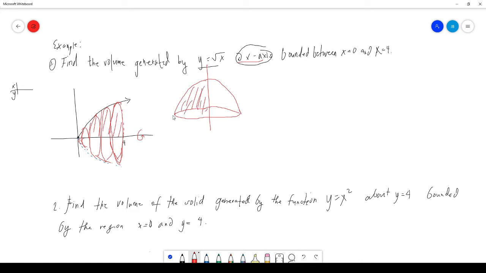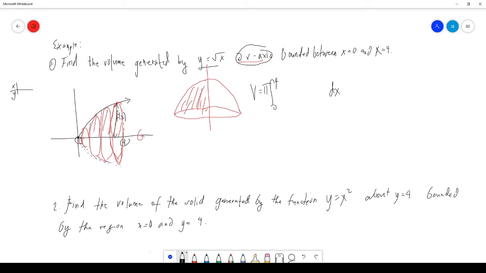Since we already have the limits in x, which are 0 and 4, we can find the volume from 0 to 4 of pi times f of x, the radius, squared dx.